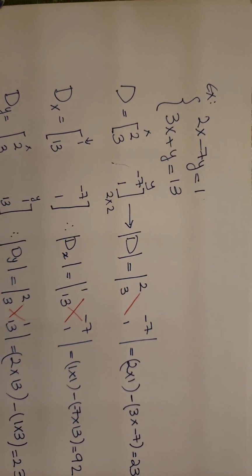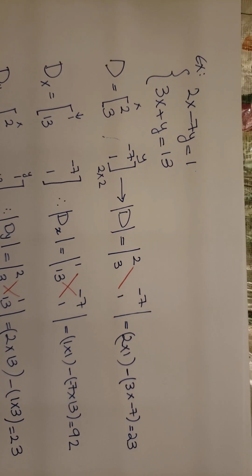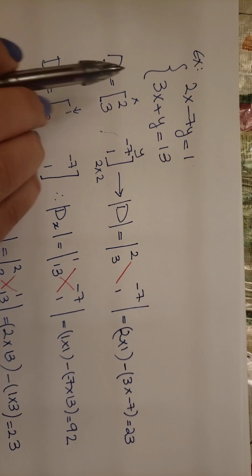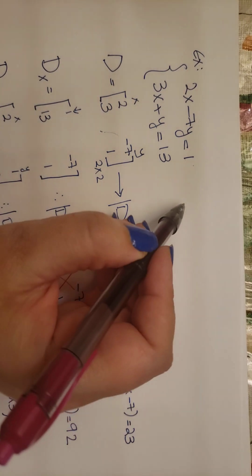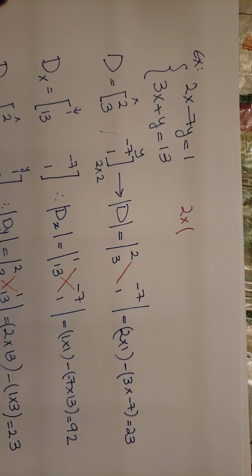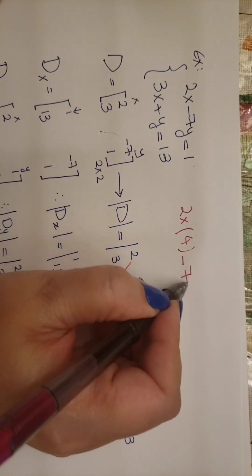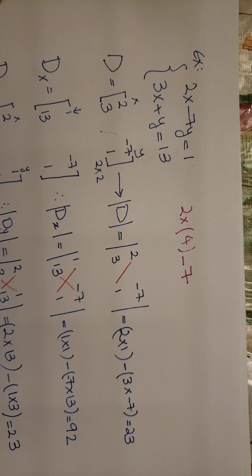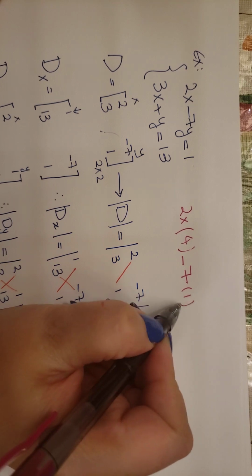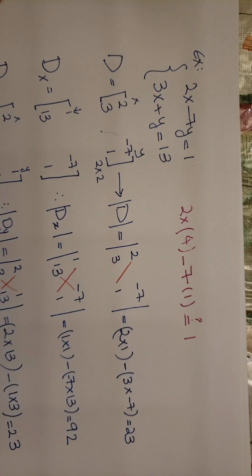We go back to our equation, we substitute the values we found, and we make sure we are on the right track. So 2 times x, we found the value of x to be 4, minus 7 times y, we found the value of y to be 1, should be equal to 1.